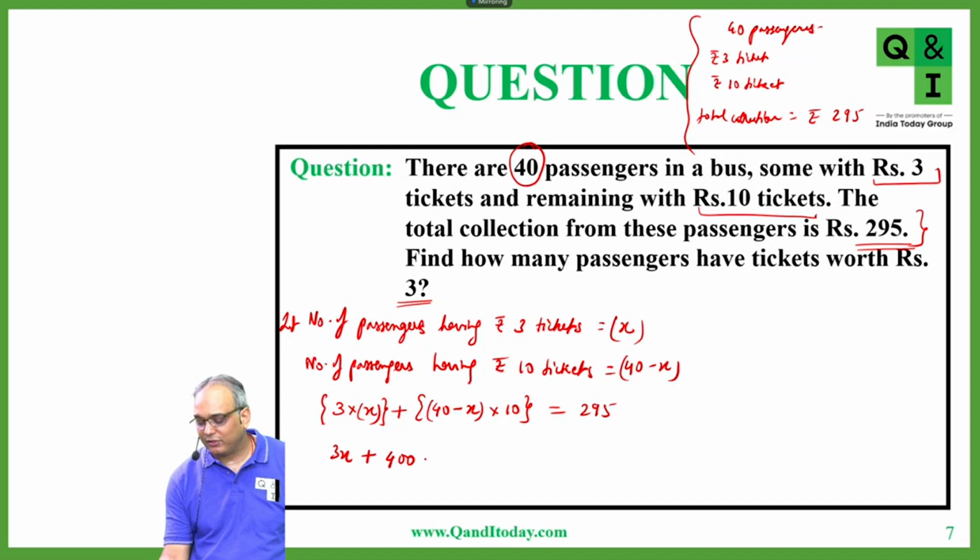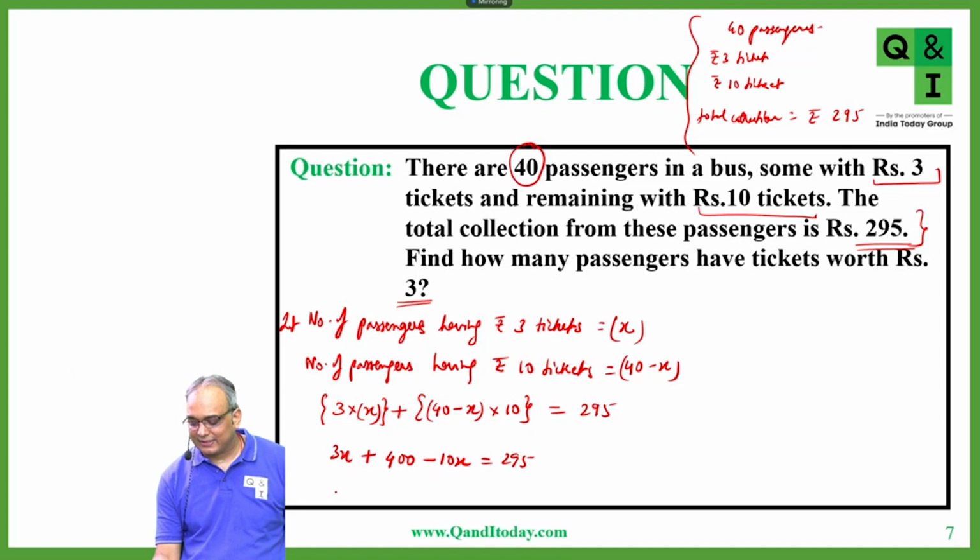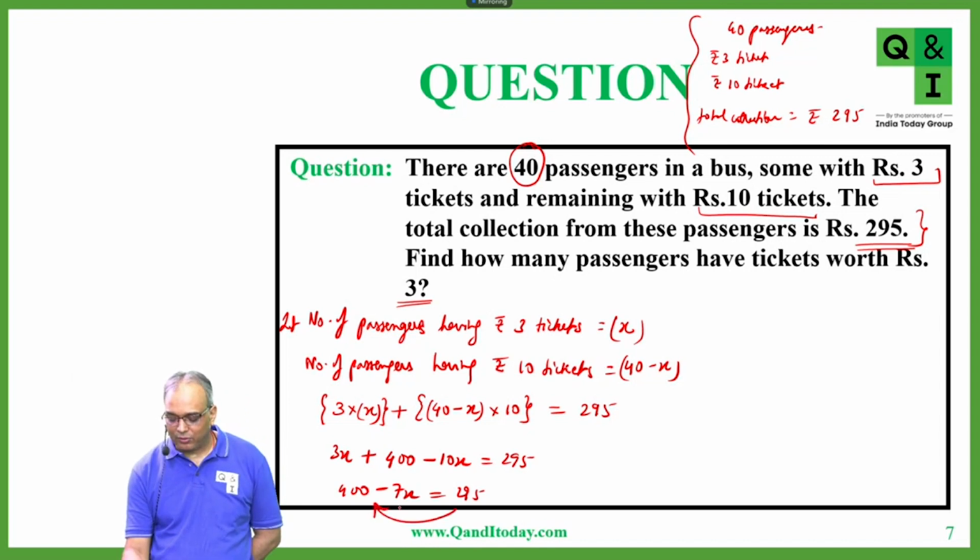So now this is 3x plus 40 into 10, which is 400, minus 10x, equal to 295. 3x minus 10x is minus 7x, so this is 400 minus 7x equal to 295. I will bring 295 to the left and minus 7x to the right.